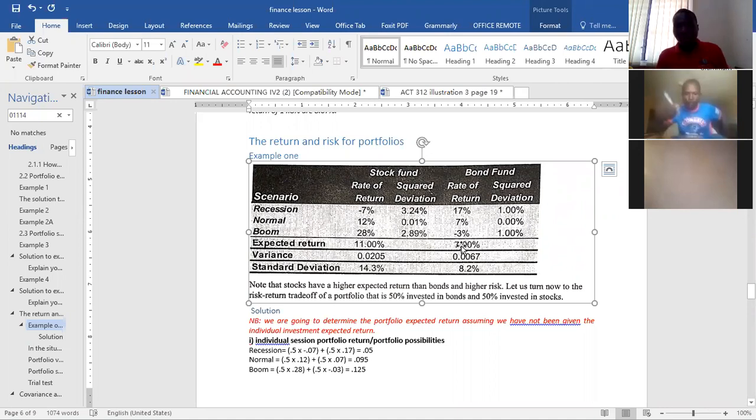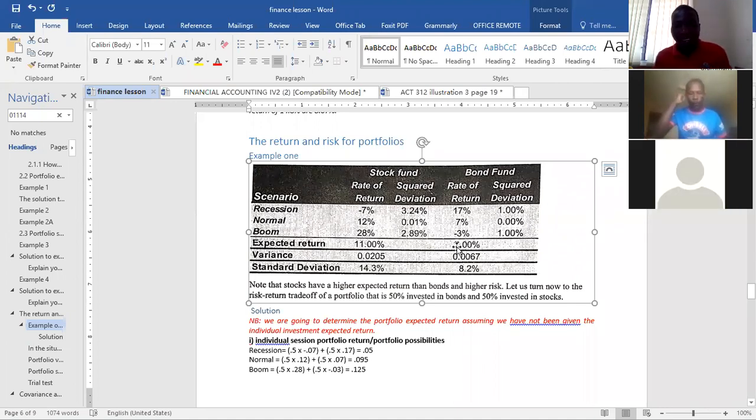If you don't know how to do that, you go back to unit 1, where we learned about the stand-alone investment, where we say, okay, we have not been given the probability. So we divide 1 by 3, we get 1/3 multiplied by this, 1/3 multiplied by that, 1/3 multiplied by this. You add all, you get 11%. This one is the same thing: 1/3 multiplied by 17, 1/3 multiplied by 7, 1/3 multiplied by -3, you get 7%.